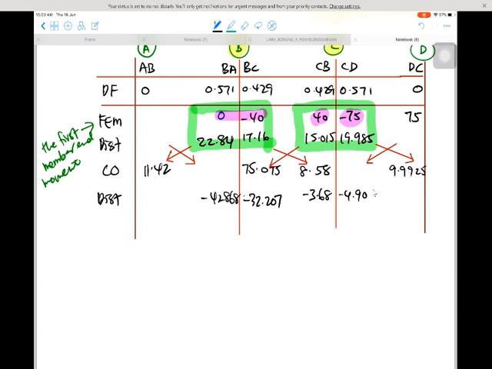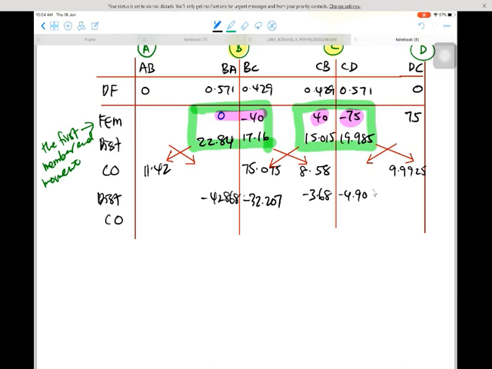Okay, and 9.9925 times 0, we get 0. So at this level again we have only distributed the moment at joint B and the moment at joint C. There is no value for A and D because the factor is 0. So again we repeat carry over.